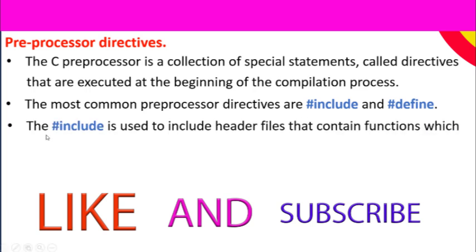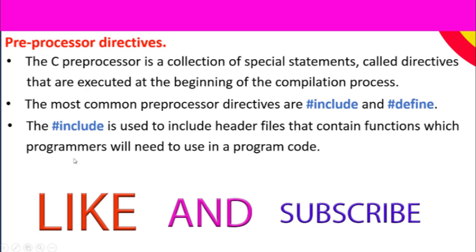Now, the hash include is used to include header files that contain functions which programmers will need to use in a program code. Because these preprocessor files determine which kind of functions we are going to use ahead of the program, they need to be loaded before.